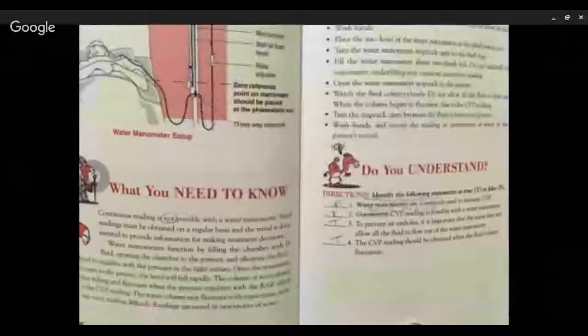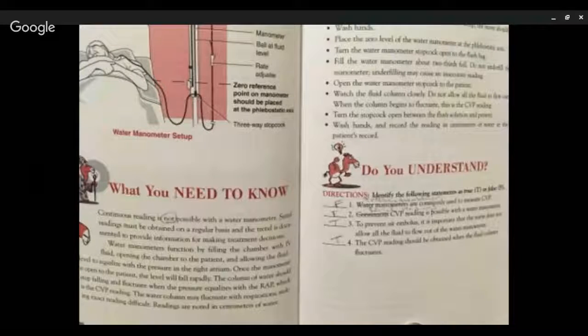Continuous reading is not possible with a water manometer, so that is the major disadvantage. Serial readings must be obtained on a regular basis, and the trend is documented to provide information for making treatment decisions.